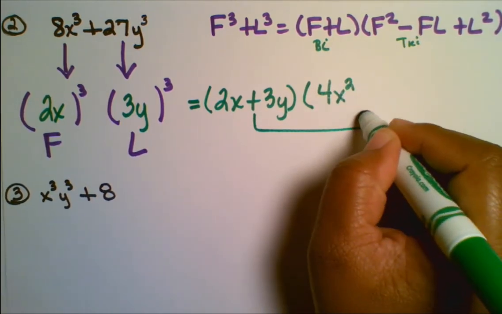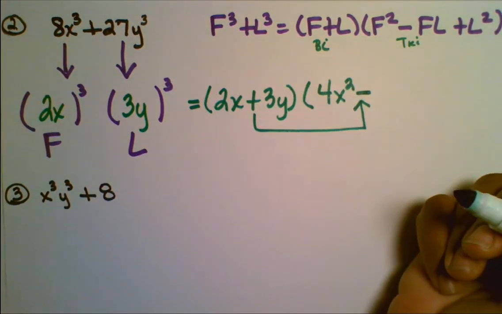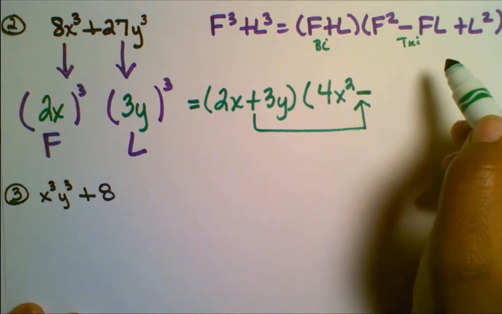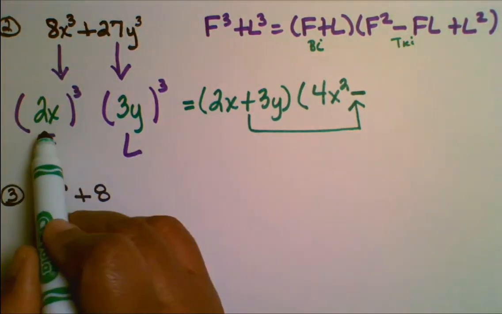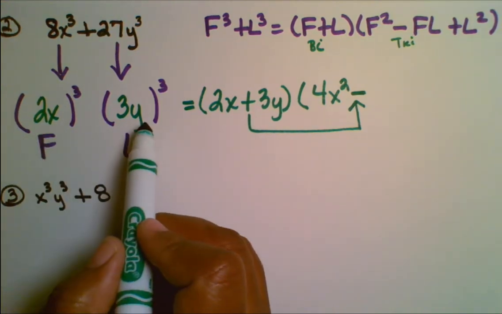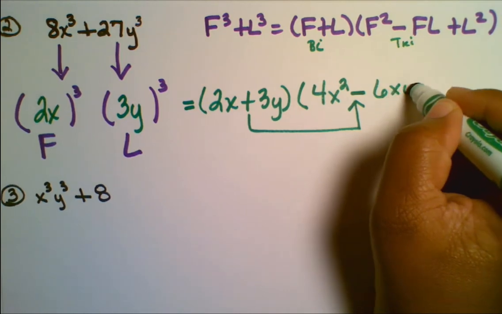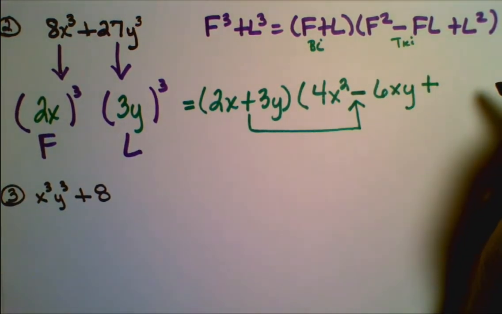Take the opposite sign. So we have a minus. And then the middle term says we're going to be multiplying F and L. So here we're multiplying 2x times 3y. That gives us 6xy. The sign of the last trinomial term will always be a positive.